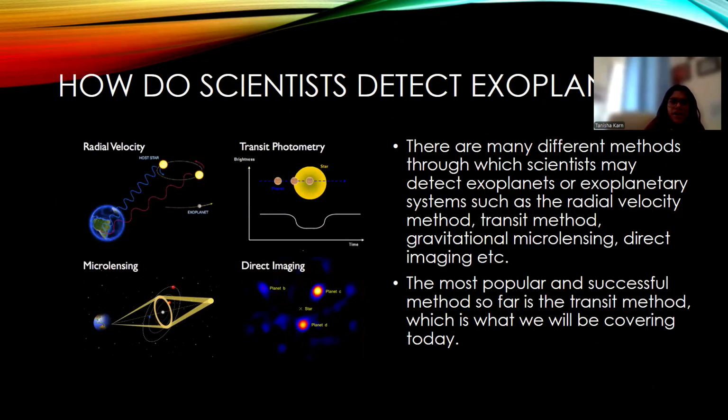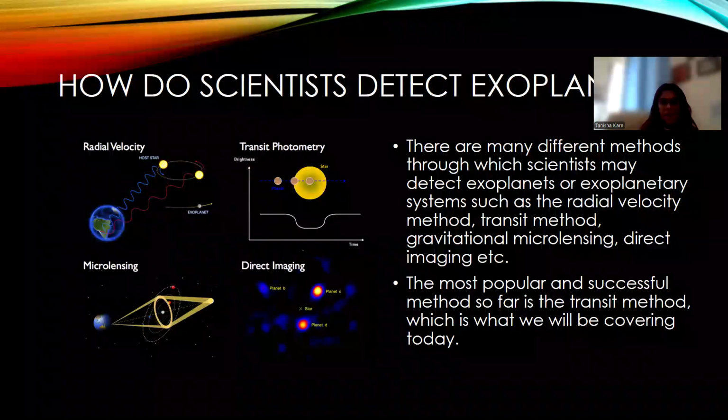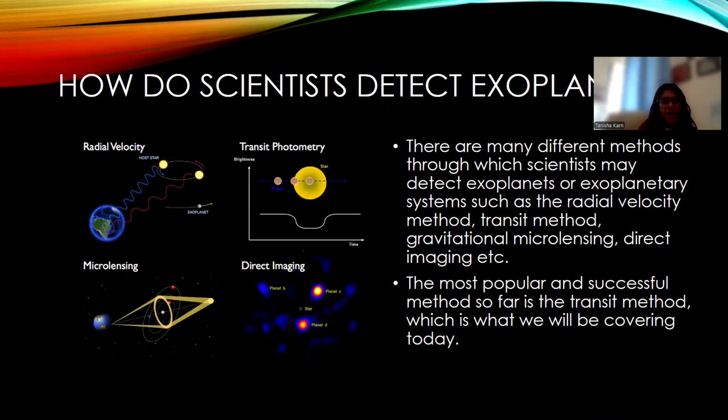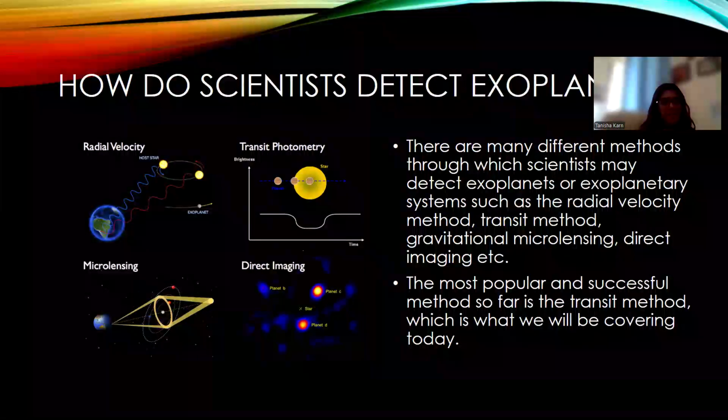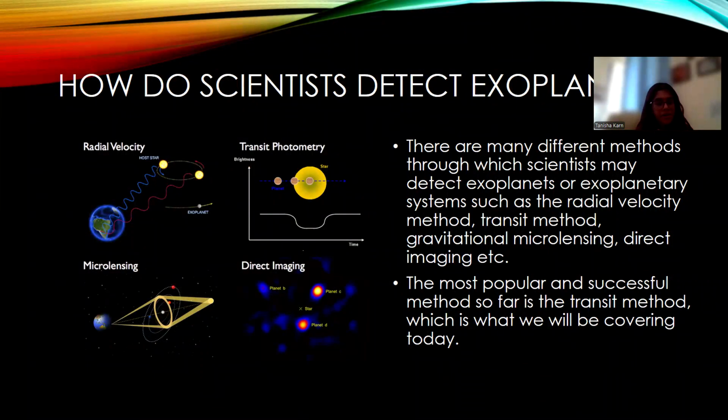Now, how do scientists detect exoplanets? There are many different methods through which this can happen, and some of them are shown over here. The radial velocity method, transit photometry, or just the transit method, gravitational microlensing, and direct imaging.